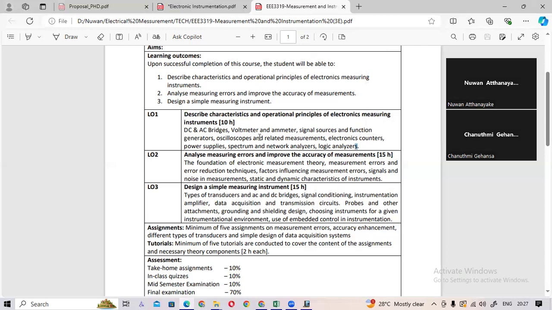So I hope that may be enough. Okay, so here we need to learn the operation principle of oscilloscope. Basically there are two types of oscilloscope. Okay, the cathode ray oscilloscope, and there are many types of oscilloscope. In our labs we have basically two types: cathode ray oscilloscope CRO and digital signal oscilloscope DSO.